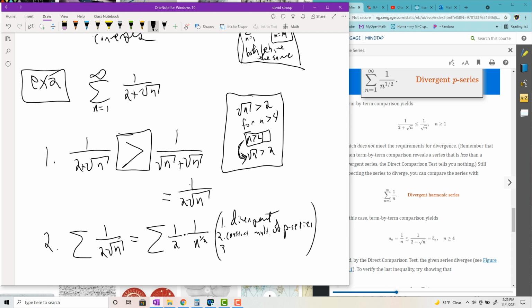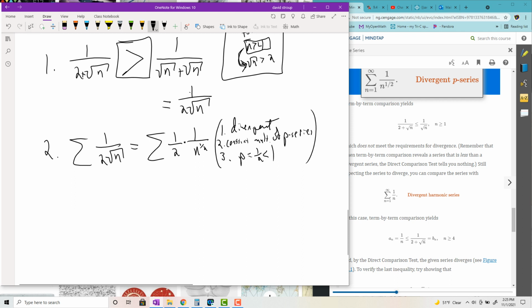And the p-value here is 1/2, which is less than 1, and that's the criteria for being divergent. Once we have established that the series with the smaller terms is divergent, that forces the series with the bigger terms to also be divergent. So the conclusion is that both diverge.